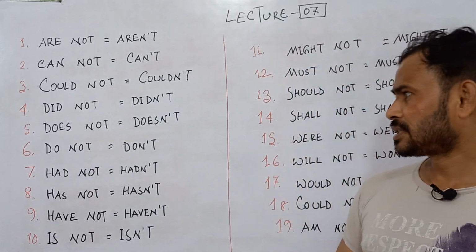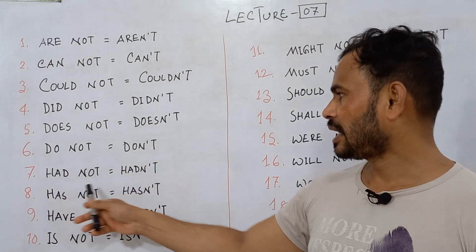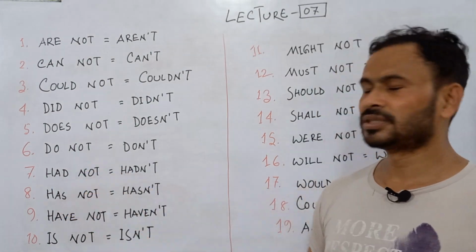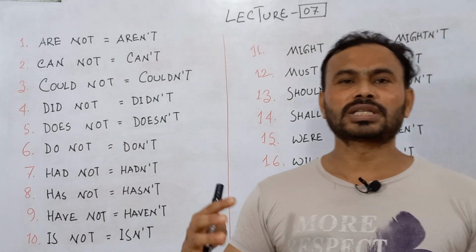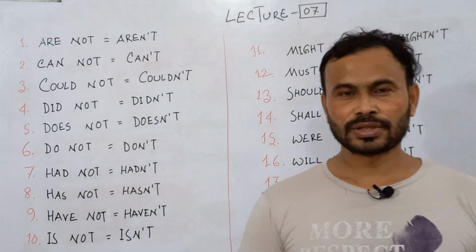Okay, so friends, let's talk about the next phrase, which is had not, and the contracted form of had not is hadn't.